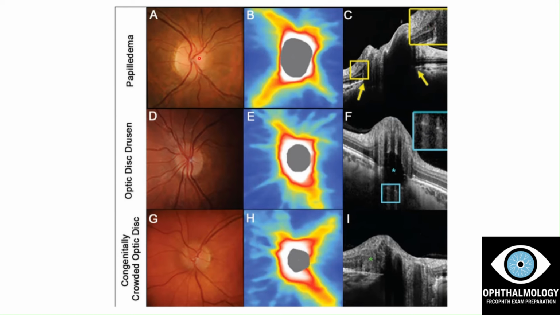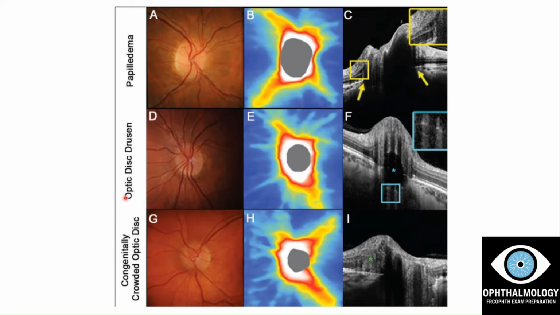So this is OCT scanning for papilloedema, optic nerve head drusen, and congenitally crowded optic disc. As you can see, in the thickness map for papilloedema, it's mostly thickened superiorly and inferiorly, which are the thickest parts of the RNFL.